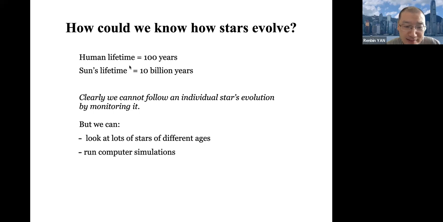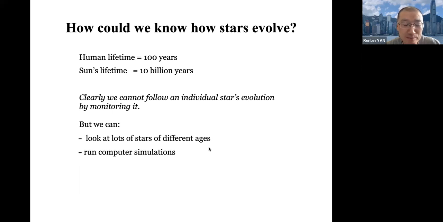The way we study is to look at lots of stars of different ages. Just like if an alien came to Earth and tried to study human evolution, to see how humans grow. They don't have to stay on Earth for 100 years to understand how humans grow, right? They can just take a look at a lot of people.